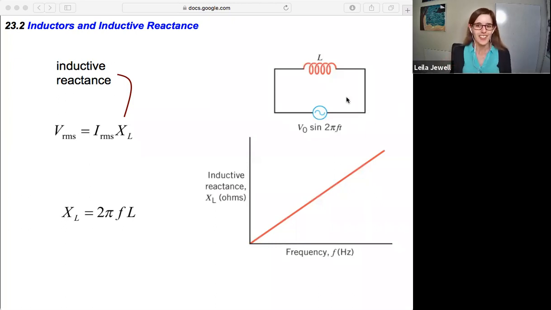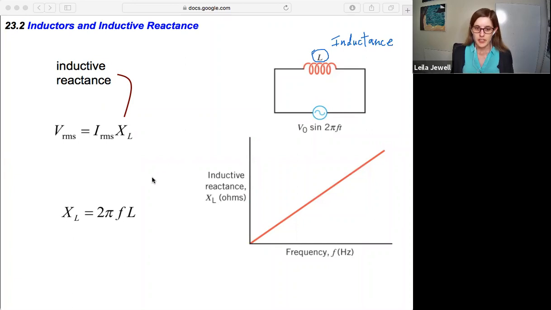Let's take a look. So just as we had a reactance for capacitors, we now have an inductive reactance. This is the inductor's form of reactance. And so we use the symbol L for the inductance. I'll write that out because words and terminology is important here.